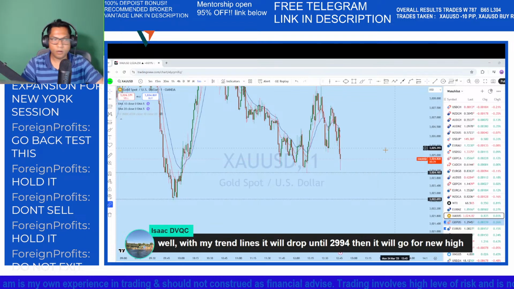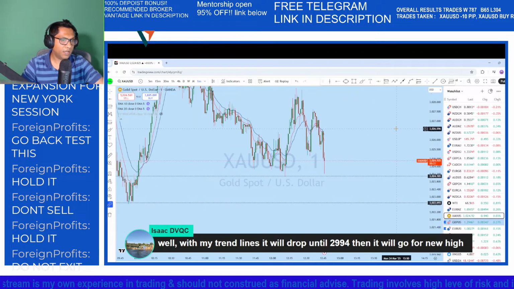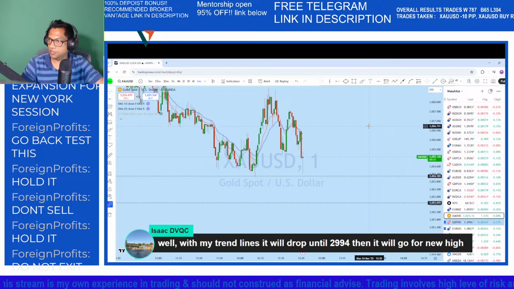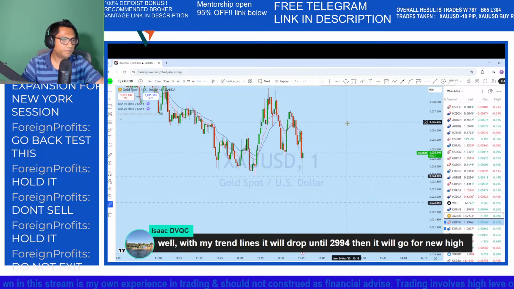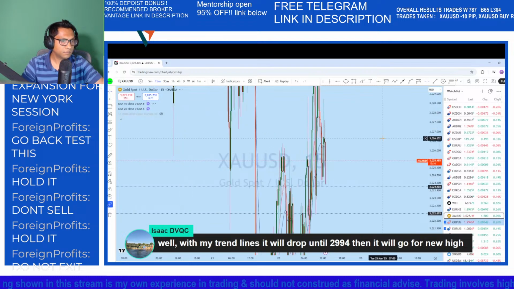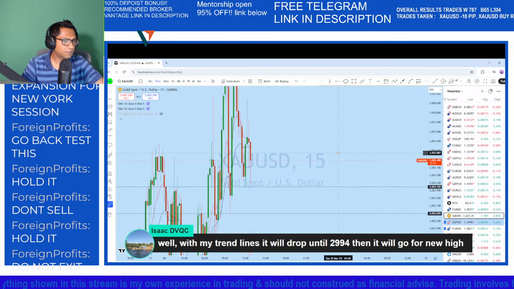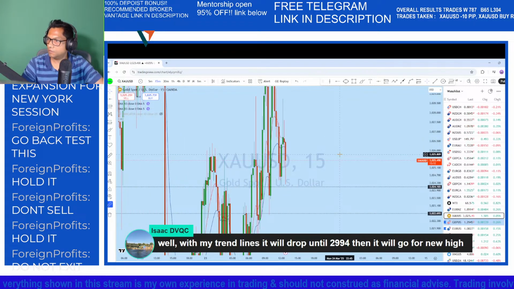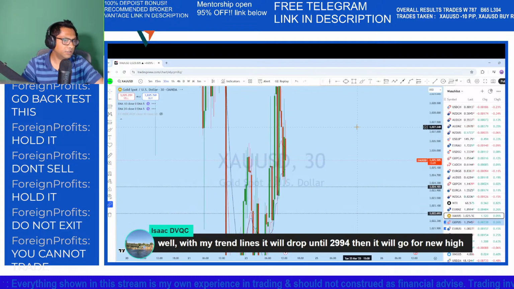Okay, so what kind of price action is forming now, guys? At the moment you can see that in that area here, and they're very interesting in that area.